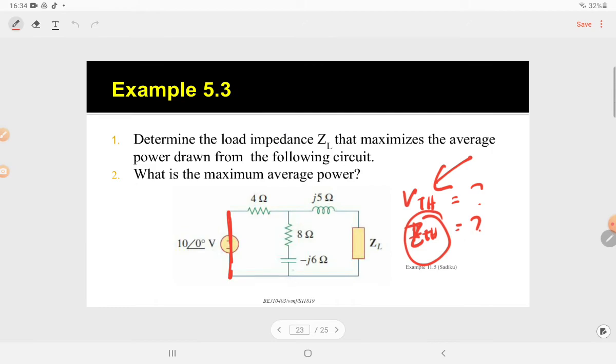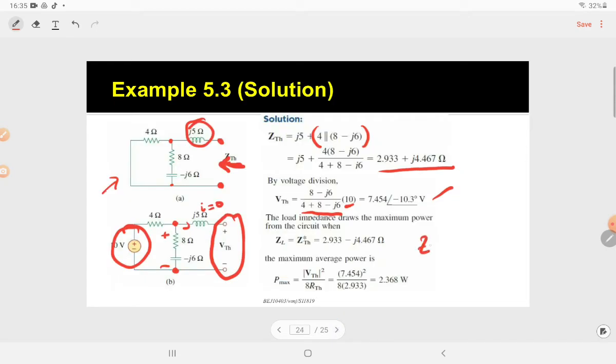Our aim is to find the load impedance that maximizes the average power. We know that in order to find the load impedance, ZL must always equal the complex conjugate of ZTH.